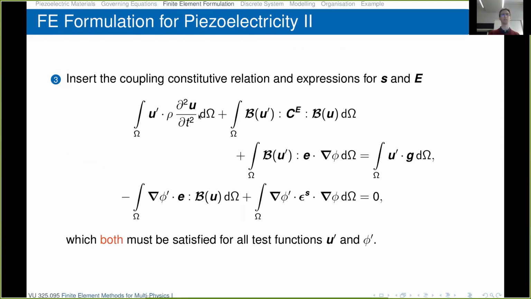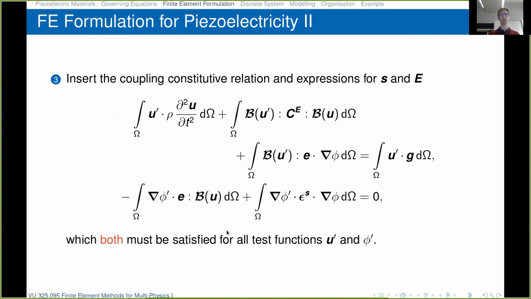Here we have the mass matrix, we have the stiffness term, and now we have a coupling term in this bilinear form where we actually couple the test function u prime for the mechanical domain with the unknown function phi of the electric domain. And similarly in the electrostatic equation here at the bottom, we have a new coupling term where we couple the test function for the electrostatic equation with the unknown function of the mechanical equation.